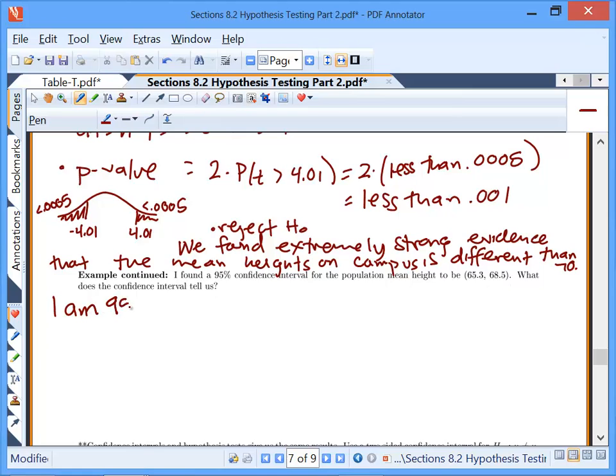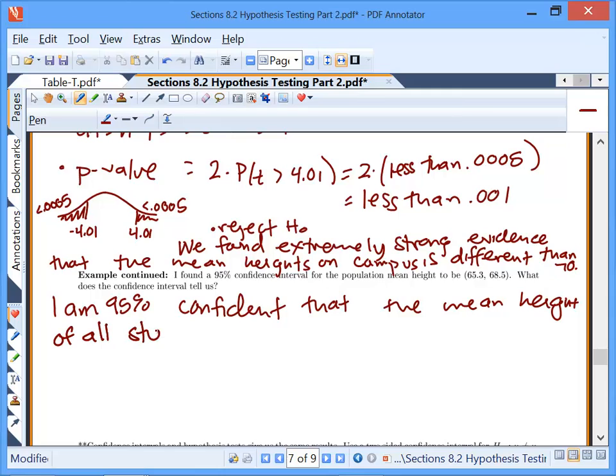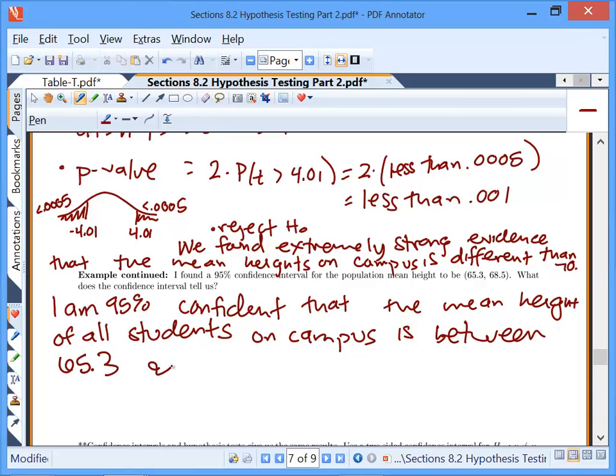I am 95% confident that the mean height of all students on campus, since it's my population mean and I want to make sure that myself as the teacher can recognize that when I grade your test, so the mean height of all students on campus is between 65.3 and 68.5.